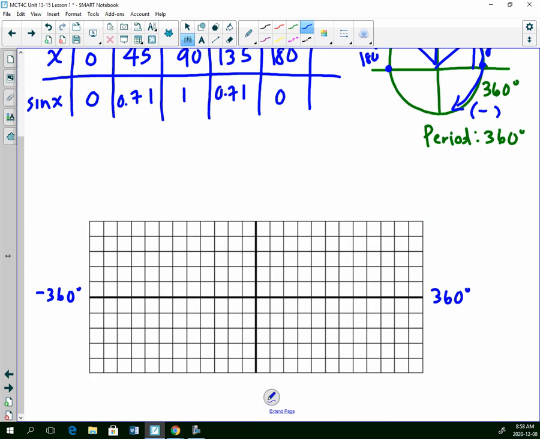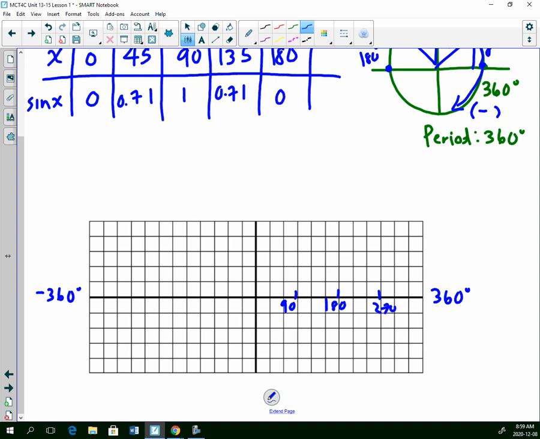So I can plot these points. So I'm going to measure 45 degrees, 90, 135. Oh, sorry. Wrong numbers. I'm going to cut 360 in half. So this would be 90. This would be 270.